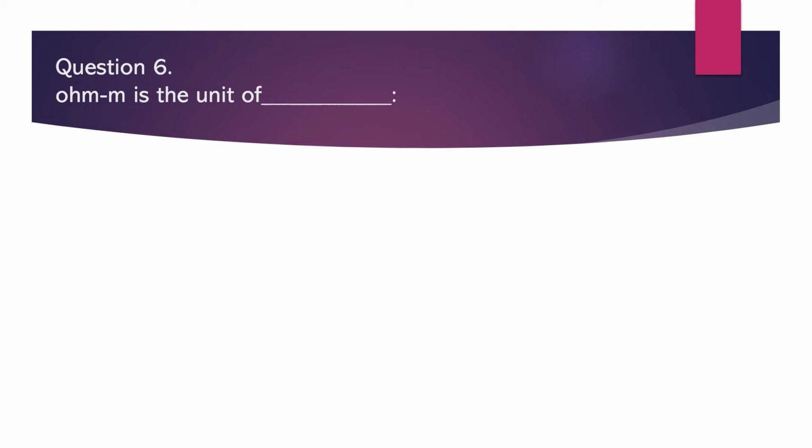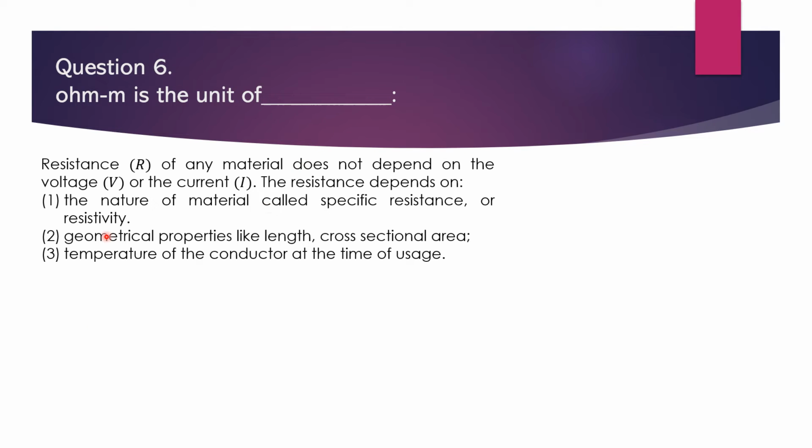Question 6. Ohm meter is the unit of. Resistance R of any material does not depend on the voltage V or the current I. The resistance depends on 1, the nature of the material called specific resistance or resistivity, 2, geometrical properties like length and cross-sectional area, and number 3 is the temperature of the conductor at the time of usage.